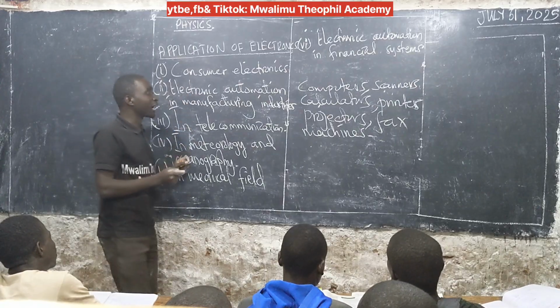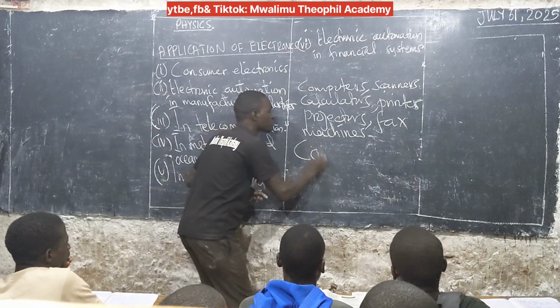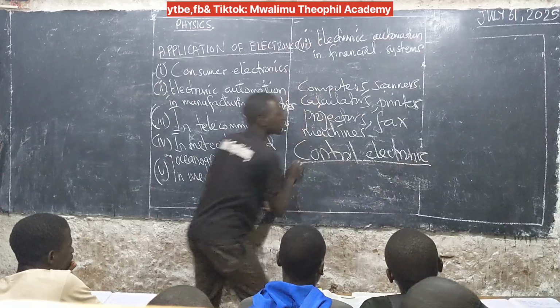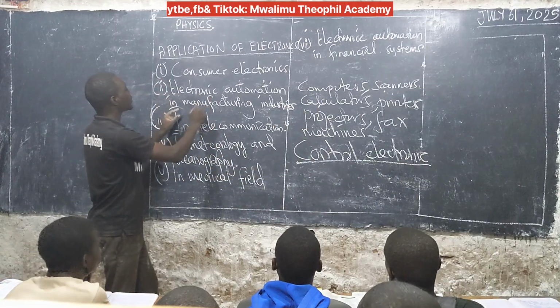And if you remember, in electronic automation in manufacturing industries, it is where we get the devices categorized in the section of control electronics. Do you remember control electronics? So control electronics falls in this section of automation.